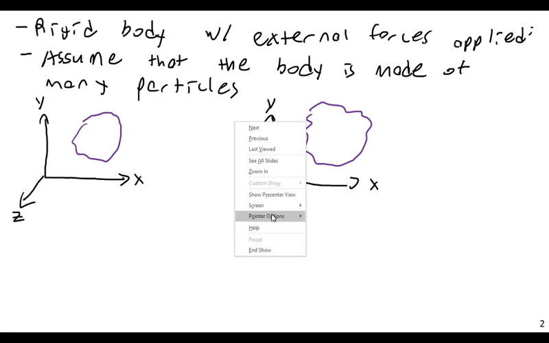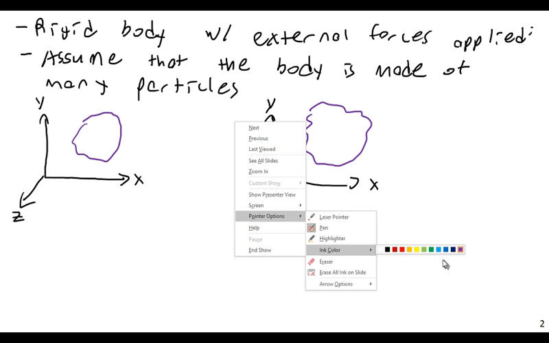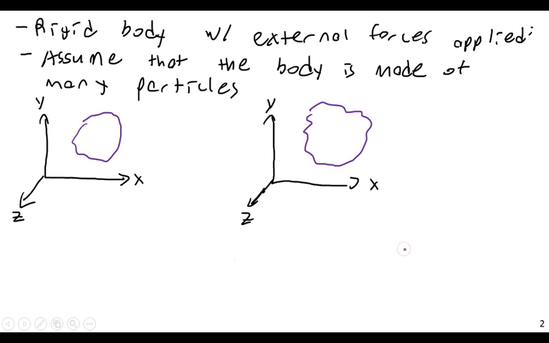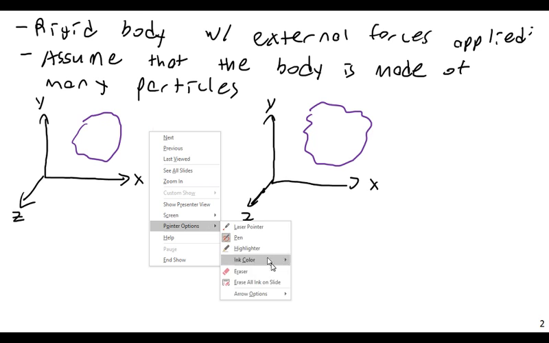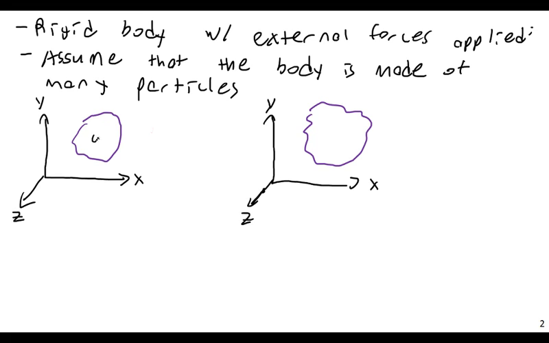We're just talking about a general rigid body here, and that would be the same one in each case. Consider some forces applied. First, let's say there was a center of mass here at G. Let me draw a center of mass G here.